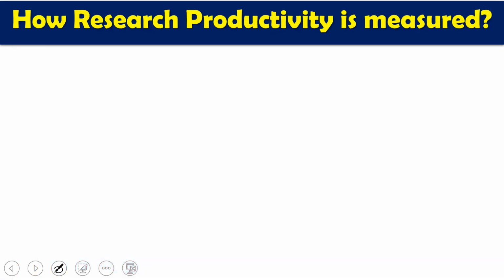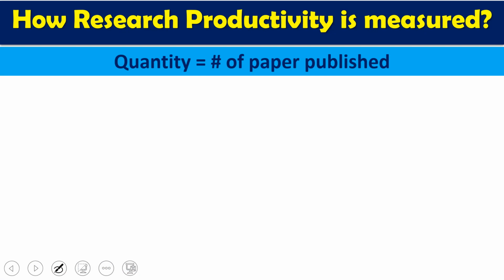The scientific productivity is going to be measured. There are a number of parameters, number of matrices, by which we are going to measure the scientific productivity of an institution, of an author or a scientist or a researcher. We have two different kinds of measurable things, in terms of quantity and also in terms of quality.